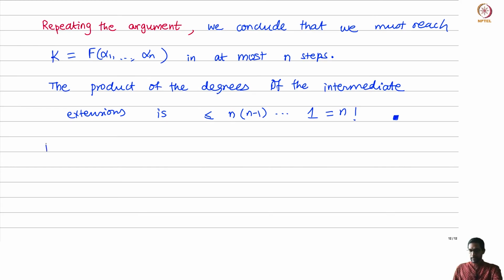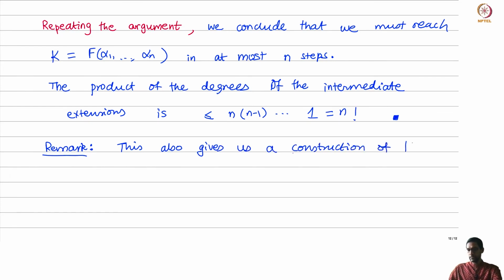In fact, a thing to note here, a remark, is that in the course of the proof we have also seen a way to construct the splitting field, if you will. So this also gives us a construction of F of K, the splitting field.